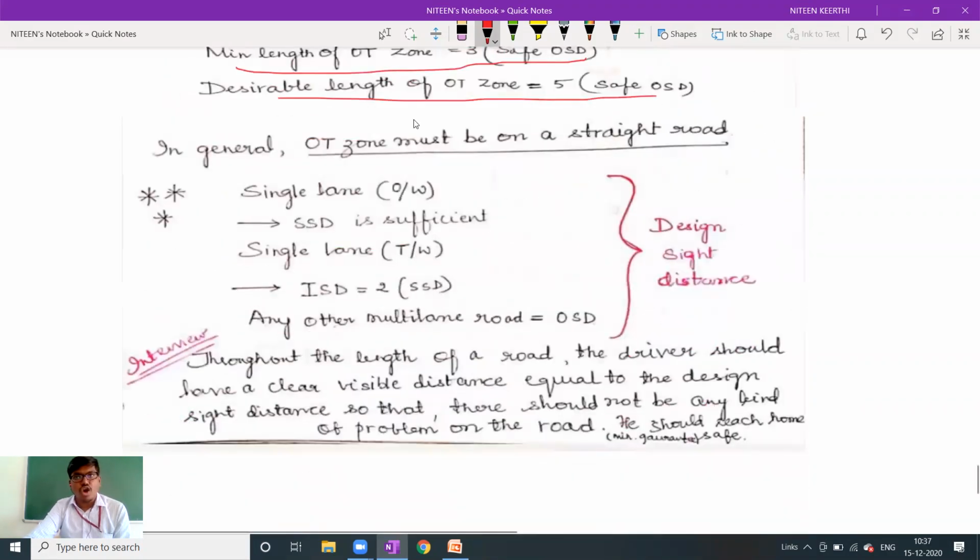In general, OSD must be on a straight road. For a single lane, SSD is sufficient, that is for one way. For two-way, intermediate sight distance is required. For any other multi-lane, overtaking sight distance is always required.